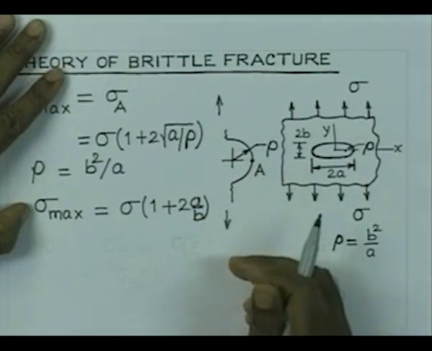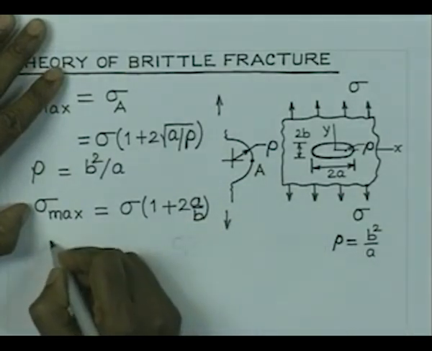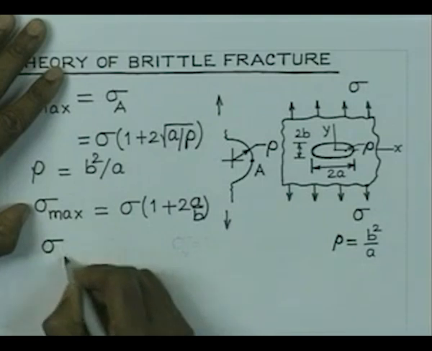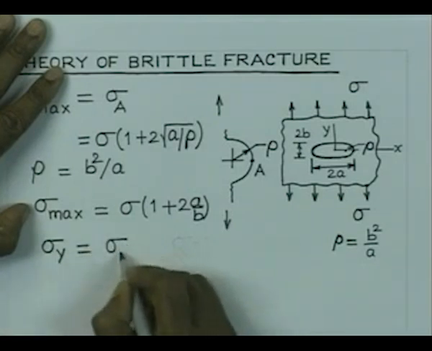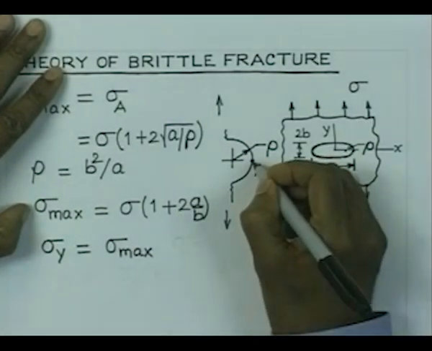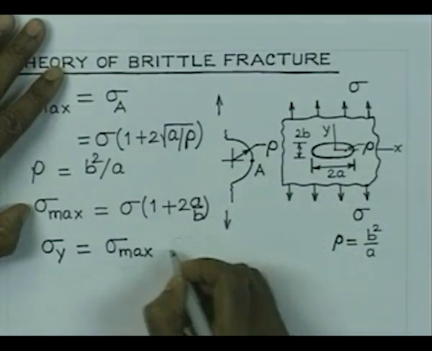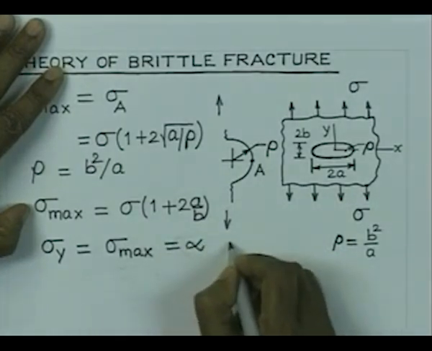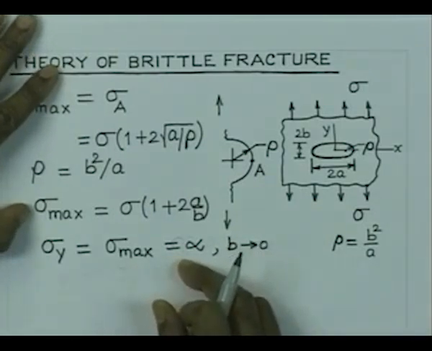So, therefore, what we get now, that this stress sigma y, which is nothing but sigma max at the point A. So, at this point the maximum stress which is acting in the loading direction, it becomes infinity when b is tending to 0. So, therefore, the stress is infinity.